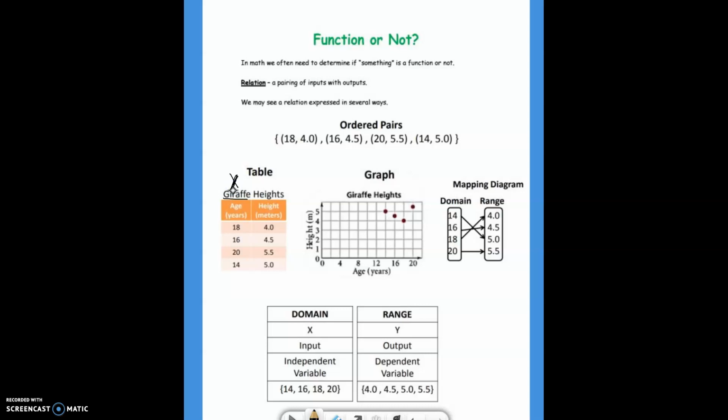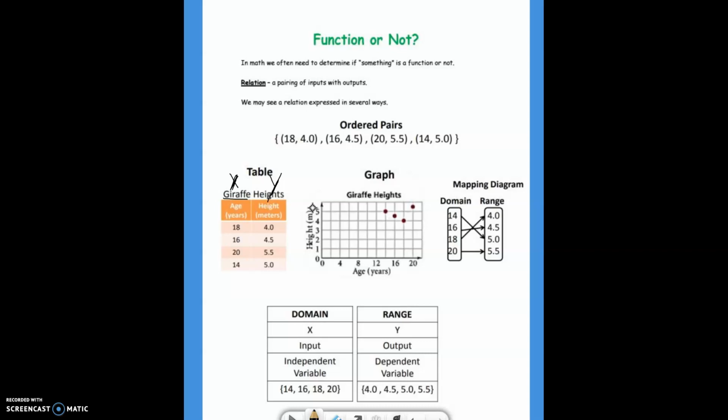So you input the age and out comes the height. And then you can also refer to this in a graph. Or the third thing is what we call a mapping diagram.